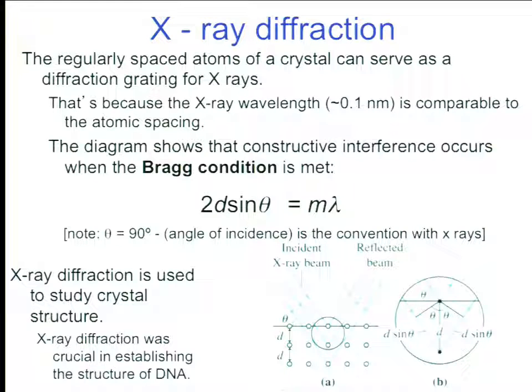the idea of getting a maximum is when the path difference between two waves would be a full wavelength, so that you get a maximum when delta R is equal to, well, m lambda.